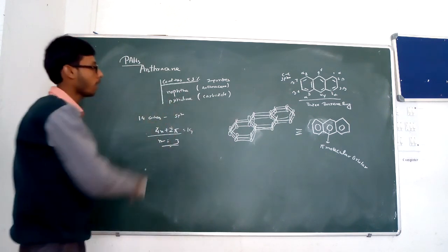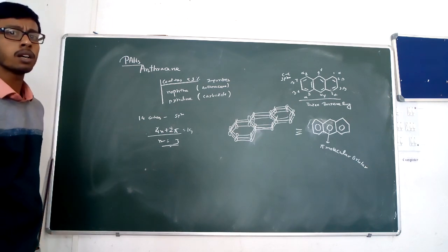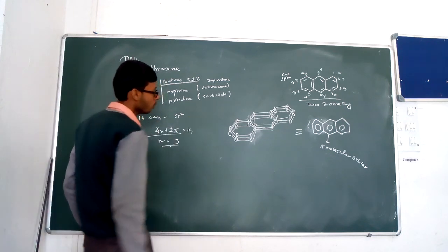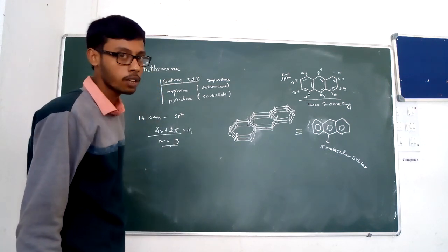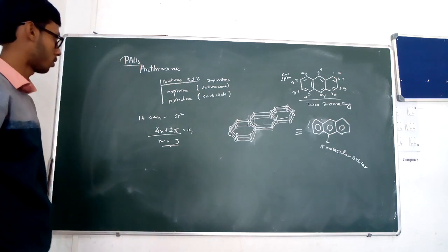So it follows all of the guidelines of Huckel's rule. So we can say that anthracene is an aromatic compound like other polycyclic aromatic hydrocarbons.